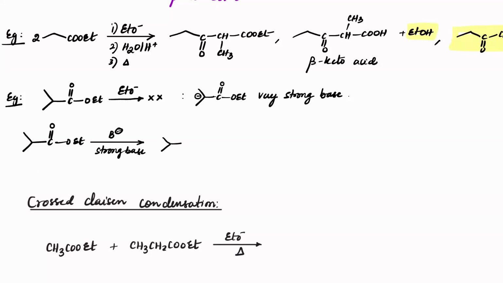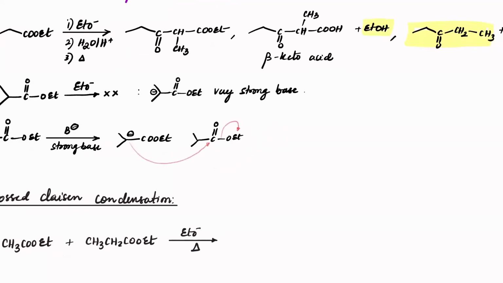So in that case, this will become COOEt with a minus charge here, and that will attack on the second mole of COOEt. So from this minus point, it will attack here. This OEt will come out here. So from there, we will get the product as C double bond O with C methyl and COOEt.